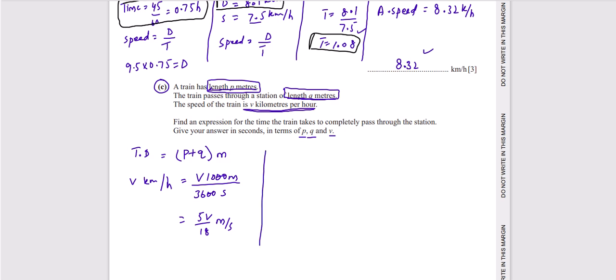So write the formula. Speed is equal to distance over time. Now we have to calculate the time, find the expression in terms of time. So time is equal to distance over speed.